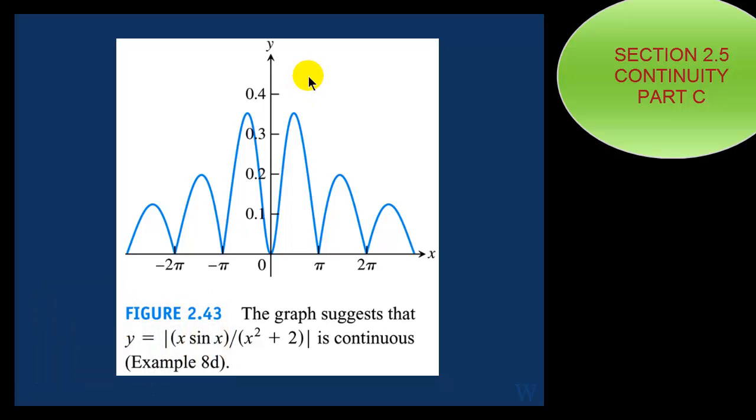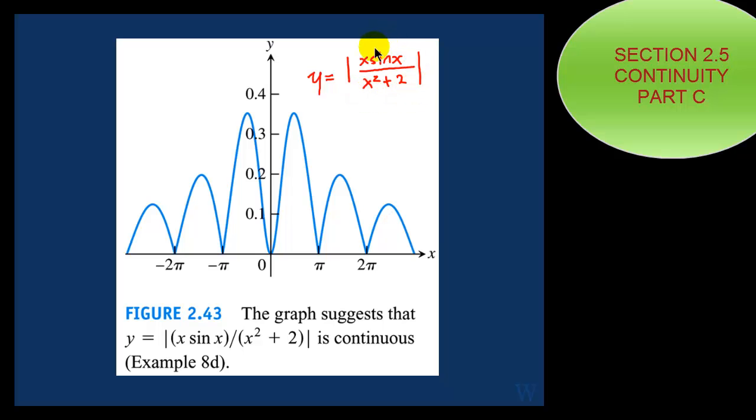Just to see how it looks. y is equal to the absolute value of x sine of x over x squared plus 2. Do we have any problem as far as having a 0 in the denominator? No, because x squared plus 2 will always be positive and non-zero.